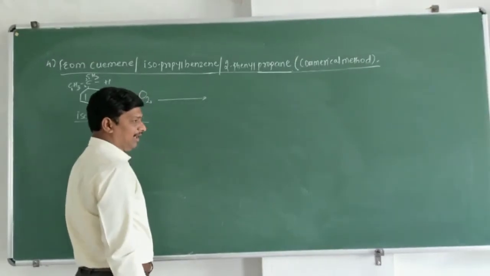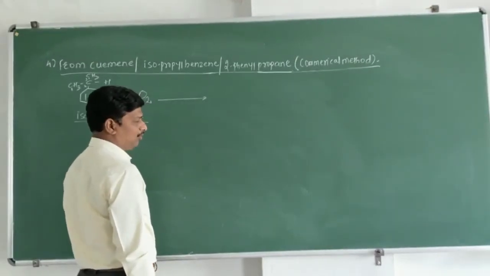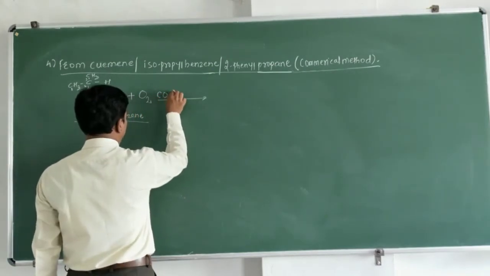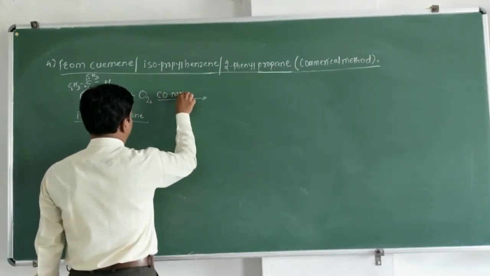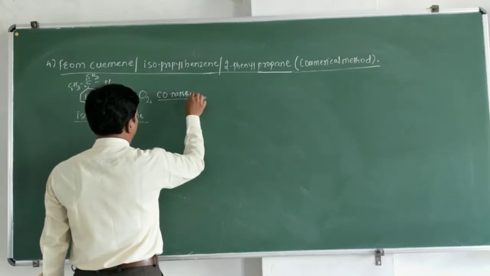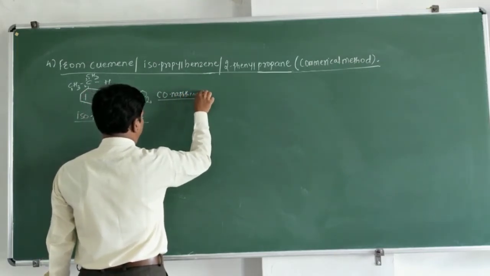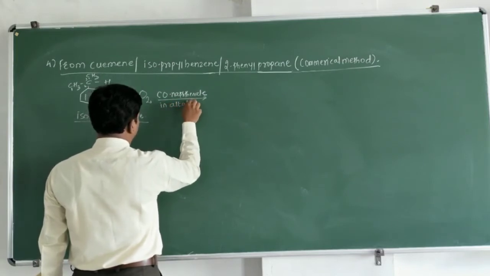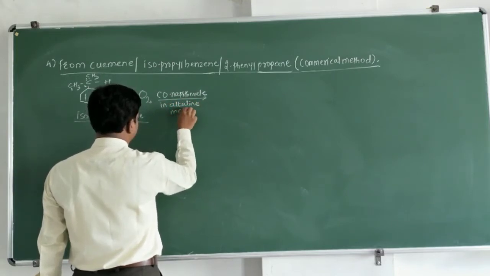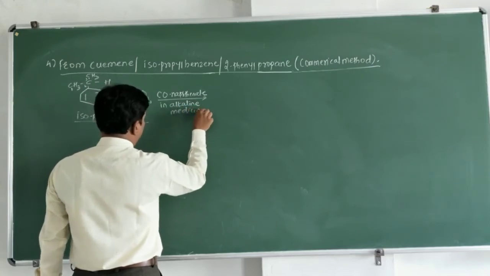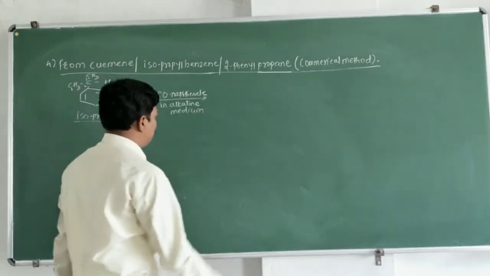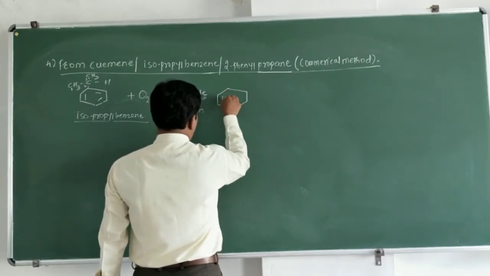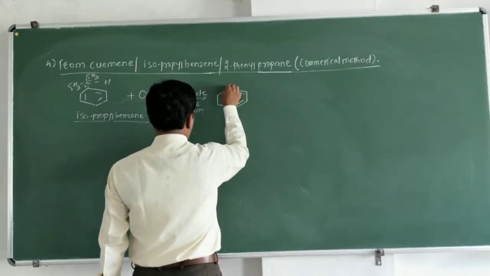Means Na2CO3, the sodium carbonate, acts as the alkali here, and this reaction is carried out in cobalt naphthalate, in alkaline medium or in Na2CO3 medium. Now here an intermediate product is formed, and this intermediate product is known as the cumene hydroperoxide.